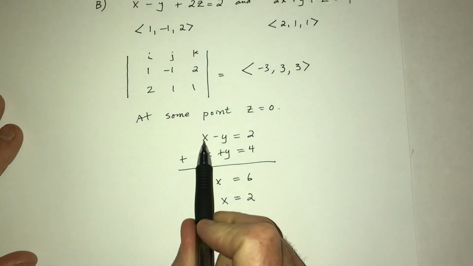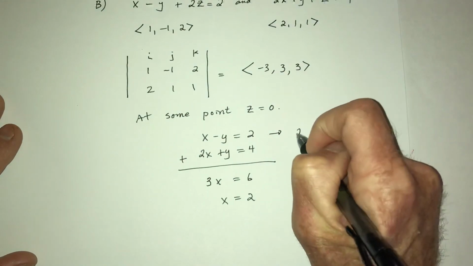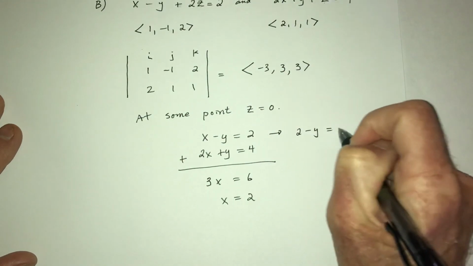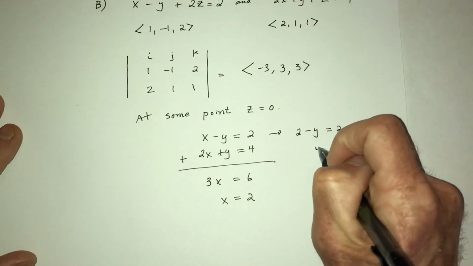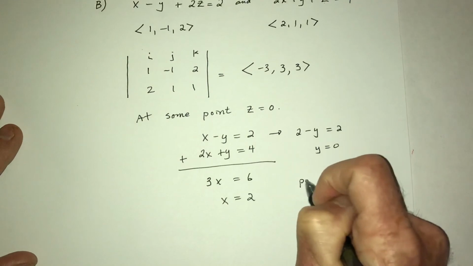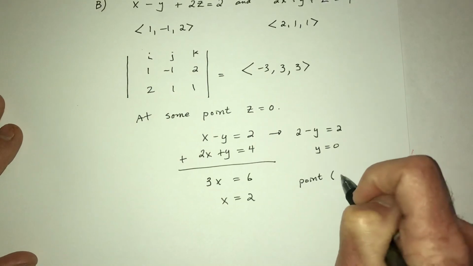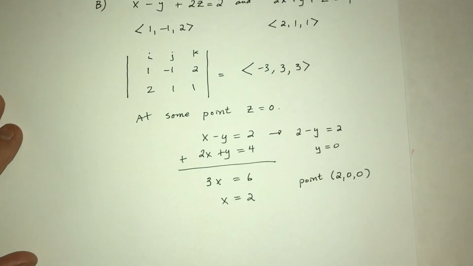Then I could just take that and substitute it right here. And that equation is going to say 2 minus y equals 2. When you subtract 2 from both sides, it's going to say that y equals 0. So the point that it's going through is 2, 0, 0.